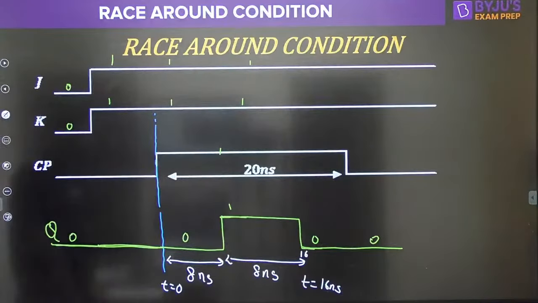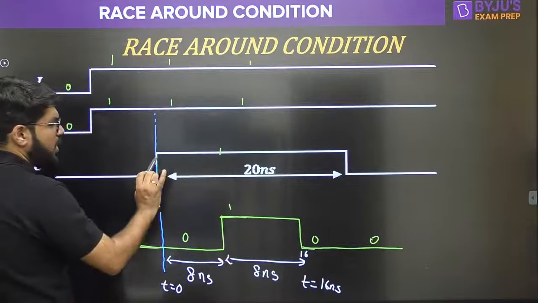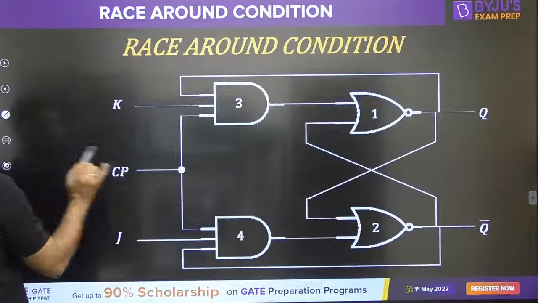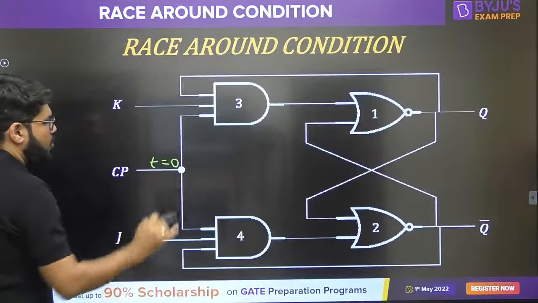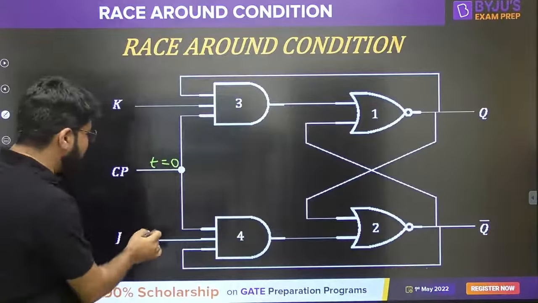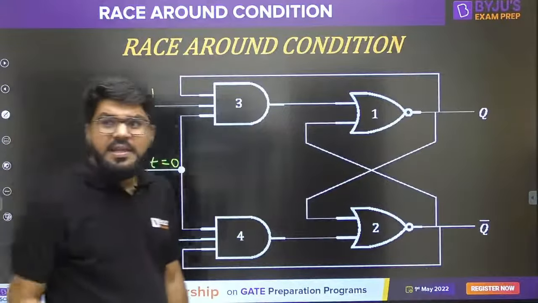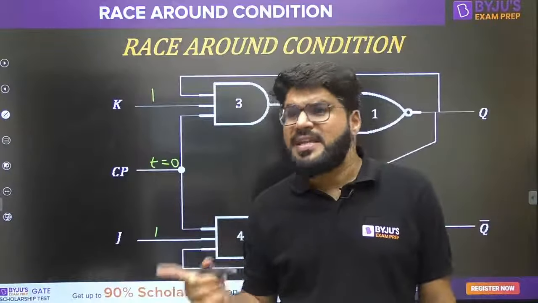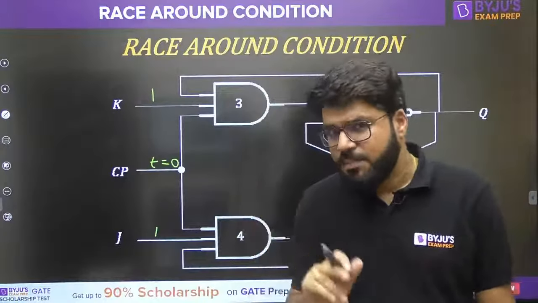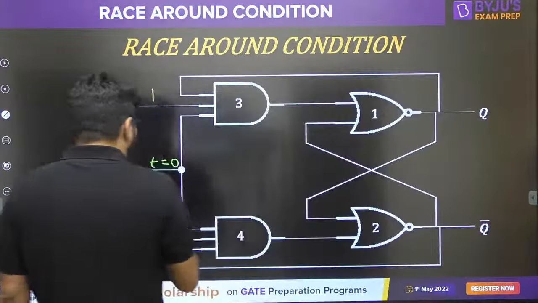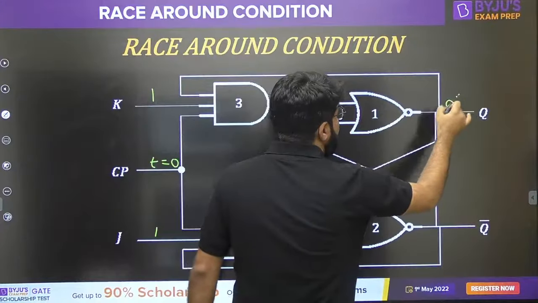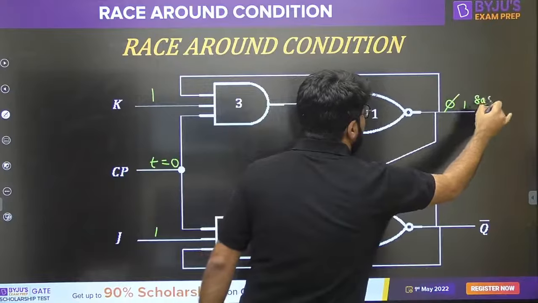At t equal to 0 the door opens, that means the clock becomes 1, and J and K were applied as 1, 1. The time required by the latch to toggle is 8 nanoseconds as a reference example. So as soon as you open the door, the output, which was initially 0, becomes 1 after 8 nanoseconds.